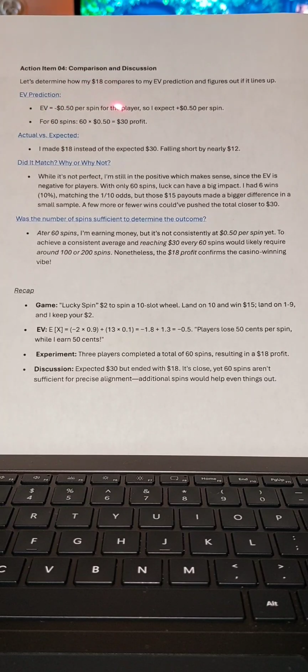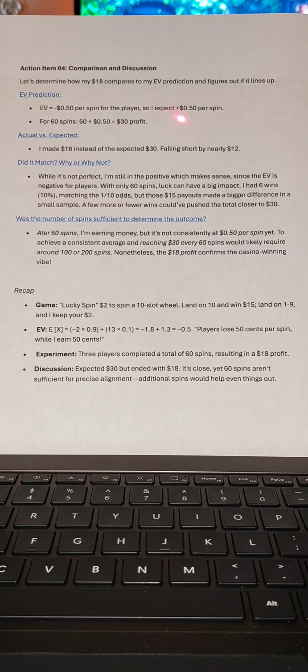Action item 4, comparison and discussion. Let's determine how my $18 compares to my expected value prediction and figure out if it lines up. Expected value prediction: expected value equals negative 0.50 per spin for the player.